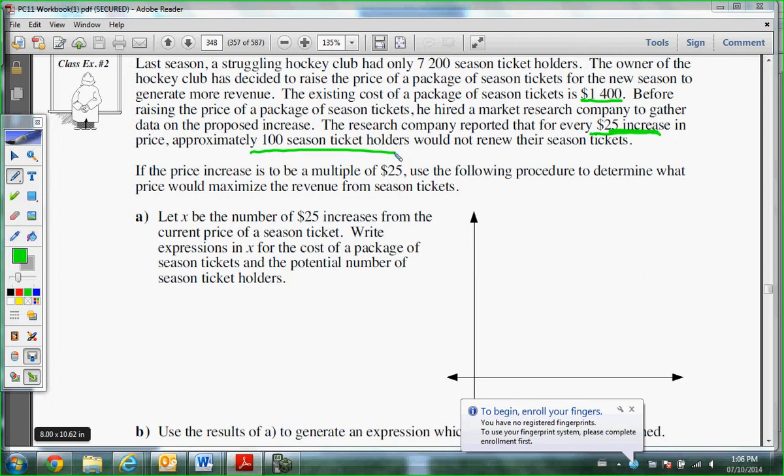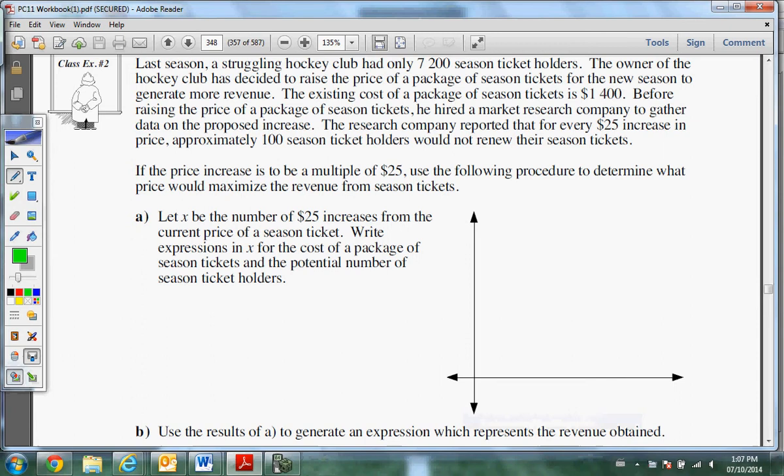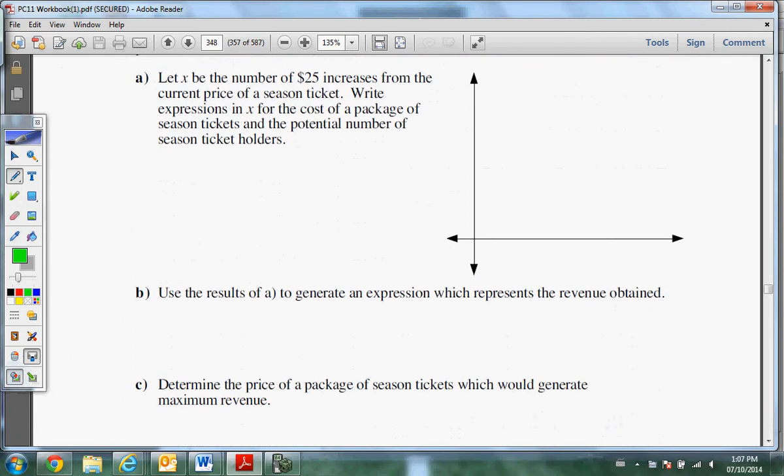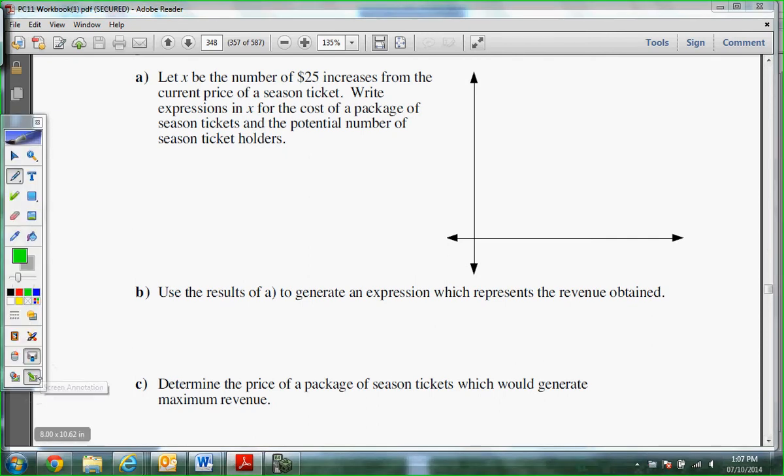If the price increase is to be a multiple of $25, use the following procedure to determine what price would maximize the revenue from season tickets. Let x be the number of $25 increases.